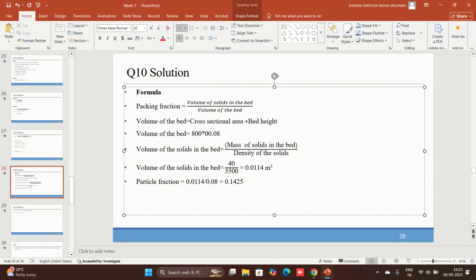800 into 10 power minus 4, 8 into 10 power minus 2.